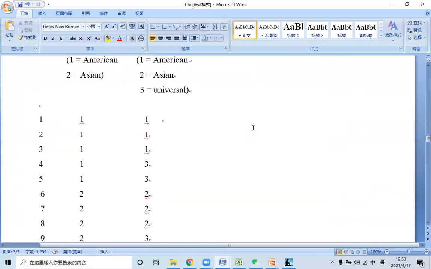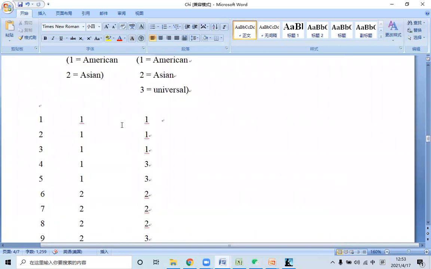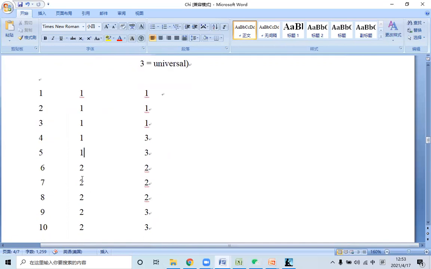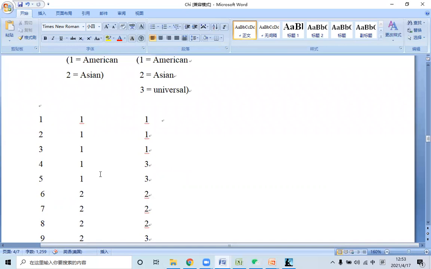Look at the data. You have these TV commercials, and you code them. You have American origin, Asian origin. So here, 1, 2, 3, the first 5 commercials would be all American commercials.